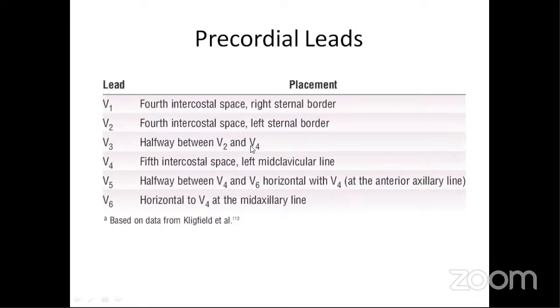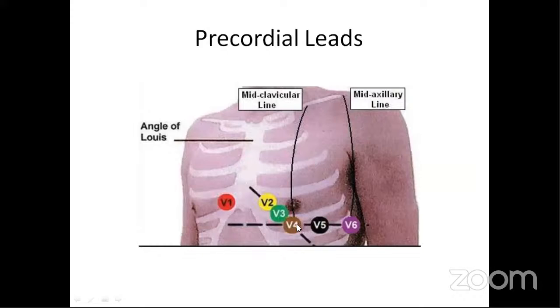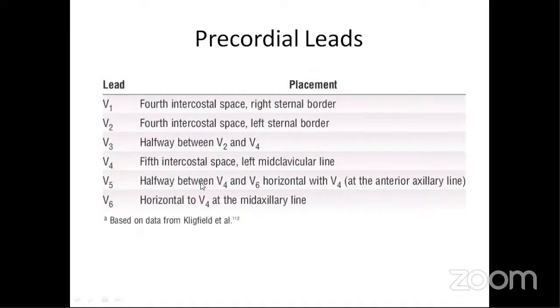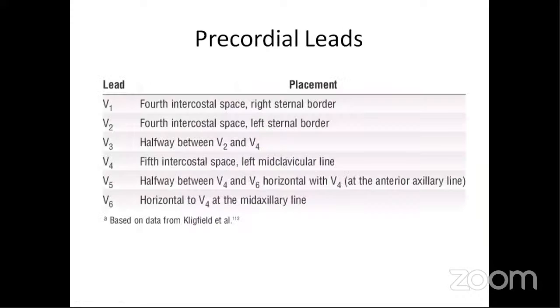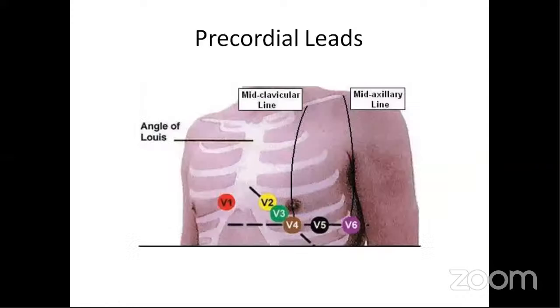V4 is placed on the 5th intercostal space at the left mid-clavicular line. V5 is halfway between V4 and V6, horizontal with V4, at the anterior axillary line. And V6 is horizontal to V4 at the mid axillary line.